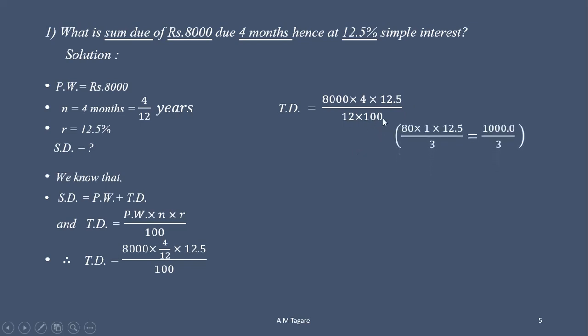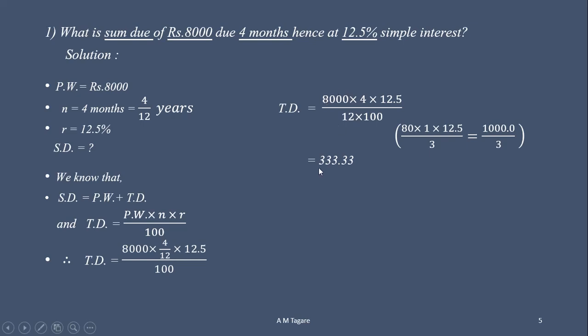So calculation gives, we cancel these two zeros, so 80, 4 3s are 12, so into 1 into 12.5 upon 3, it is equal to 80 into 12.5, 1000 upon 3. This value is equal to 333.33. So we calculate true discount on this present worth 8,000.